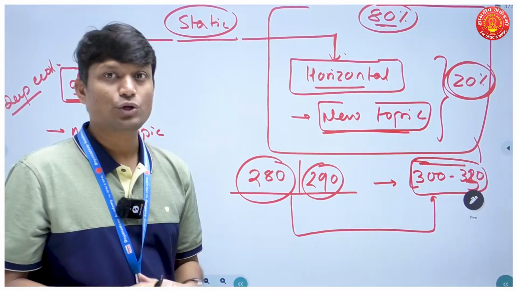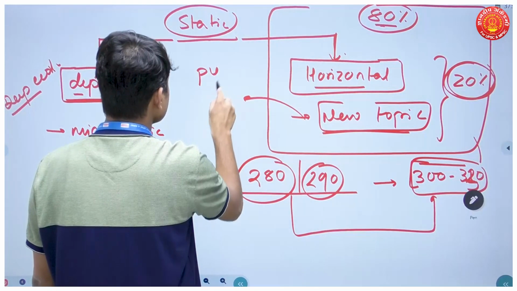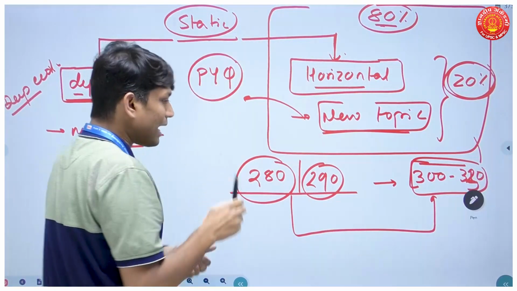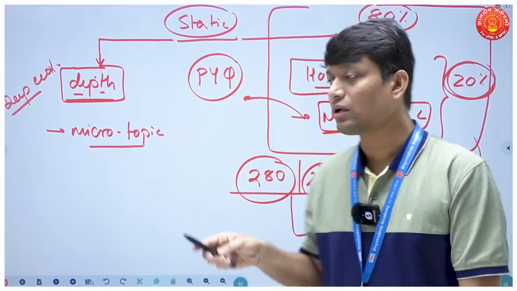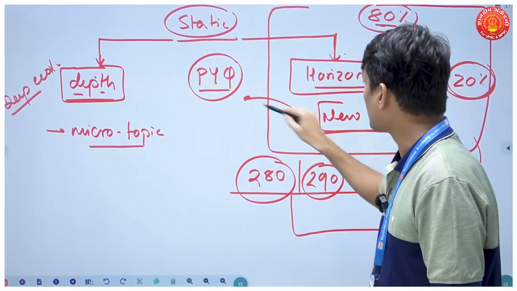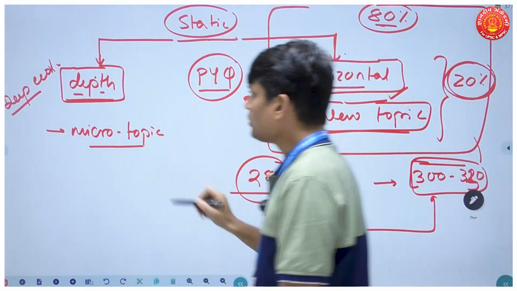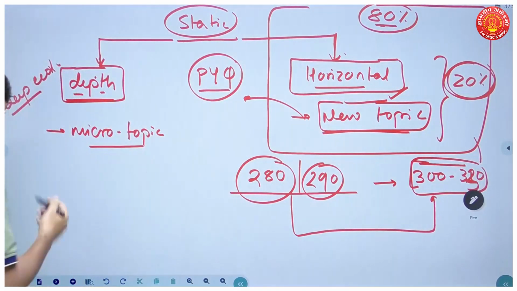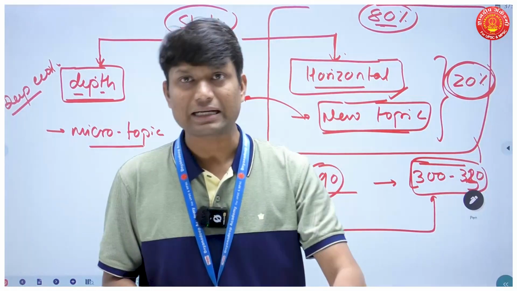Now from where are you going to add new topics? So the best source: analyze PYQs, understand in what direction UPSC is trying to go, and with some trial and error you can very well understand what new micro topics or new topics need to be prepared. Also, when it comes to increasing depth, I'm not suggesting that each and every single topic should be studied in depth.